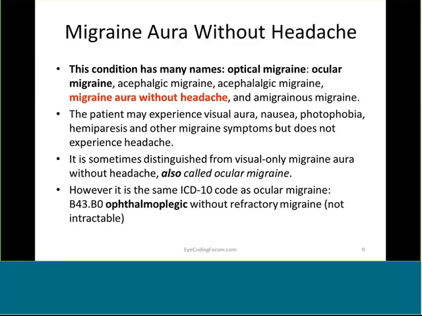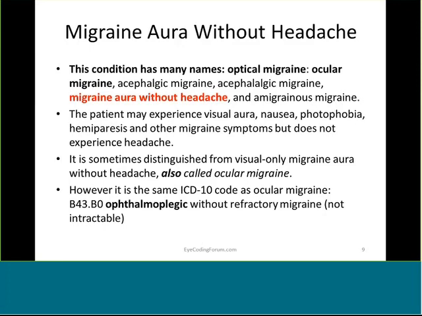Now, the patient may experience visual auras, nausea, photophobia, hemiparesis, paresis on one side, and other migraine symptoms, but they do not experience a headache. Now, it is sometimes distinguished from a visual-only migraine or without headache, also called an ocular migraine. However, it is the same ICD-10 code as an ocular migraine. You've got G43.B0, ophthalmoplegic without refractory migraine.